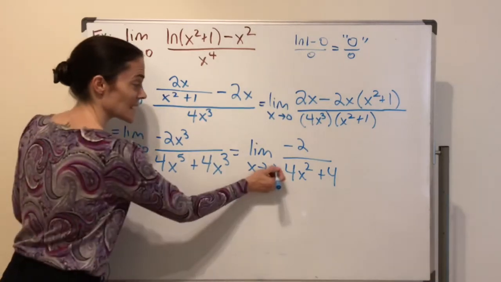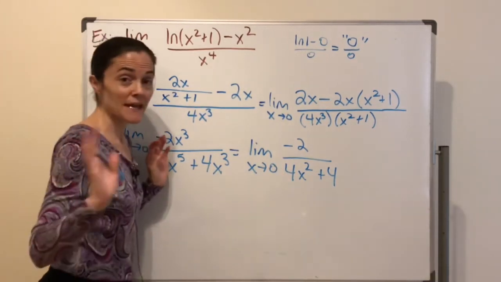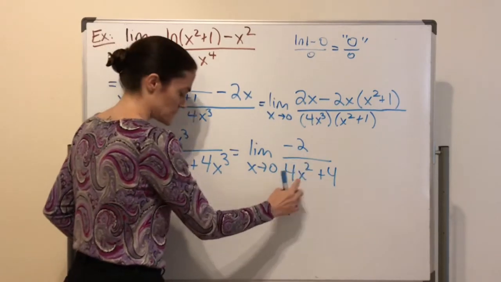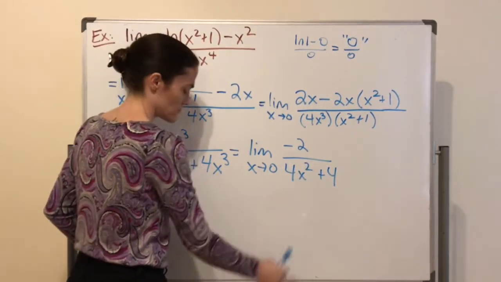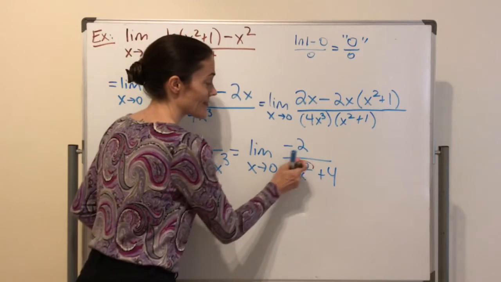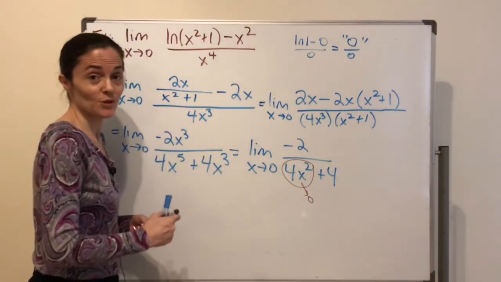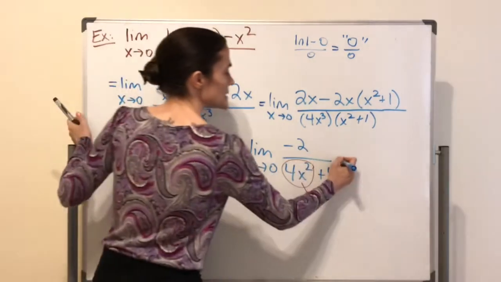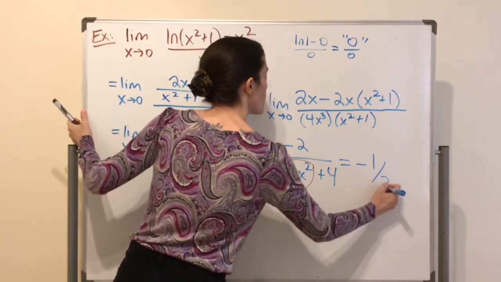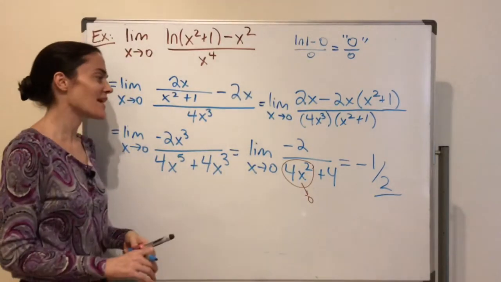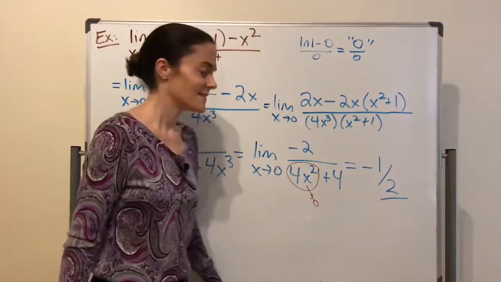Now you see, this I'm ready to evaluate because this goes to 0. Maybe I'll circle it. This part goes to 0, and so I am left with negative 2 over 4. This limit is negative 1/2. Okay, it took a number of steps, but it's a great exercise.